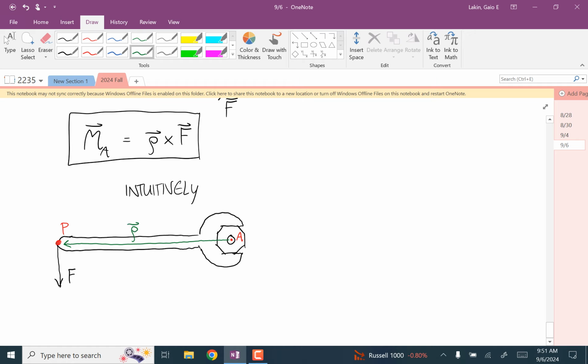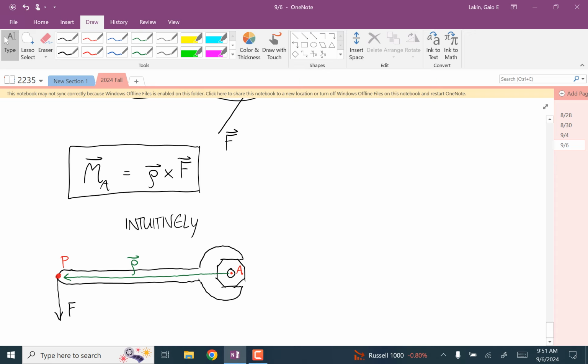Are we deliberately choosing points as far apart as possible? Yes. The way this cross product works, you're not going to use this for calculations, but the magnitude of M is the magnitude of the force times the magnitude of that rho vector times the sine of the angle between them.